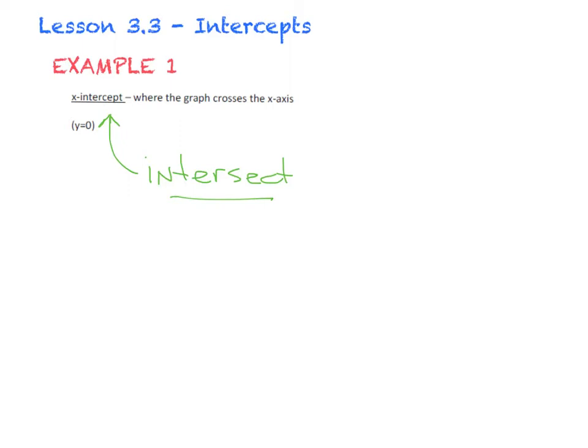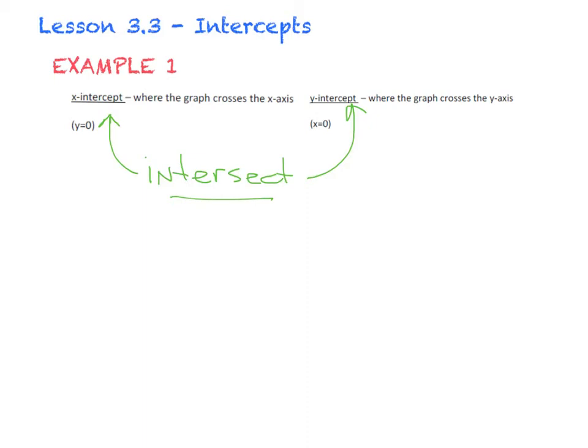It's the place where any line, it can be a straight line, it can be a curvy line, it's any place where a line crosses the x-axis, which means the y-intercept should be virtually the same thing. The y-intercept is where the line crosses the y-axis. So that's what we know so far.